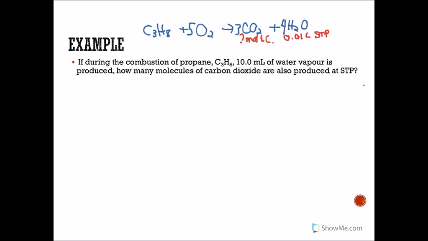Molecules. And we know that if we have liters at STP, we're going to need to use 22.4 liters per mole. And if we have molecules, we're going to need to use Avogadro's number.